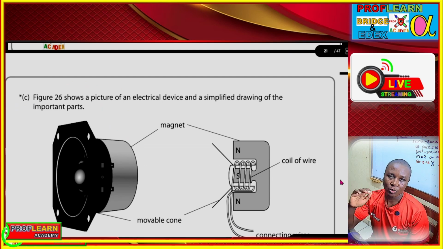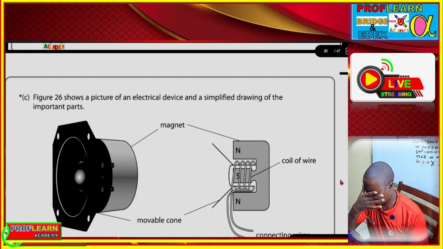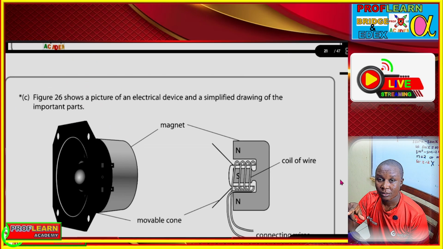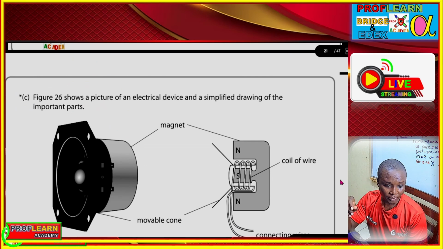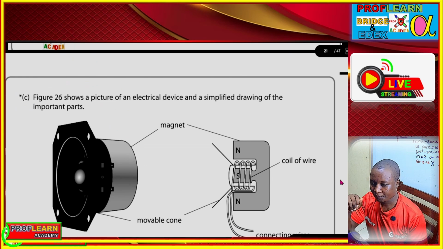Let me start by talking about a loudspeaker. There are main parts in a loudspeaker. Number one is a permanent magnet. Can you see it there? We have the north, south, and north. That is the permanent magnet, and its purpose is to ensure that there are magnetic fields.